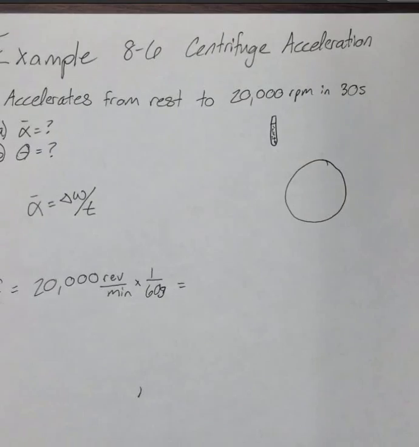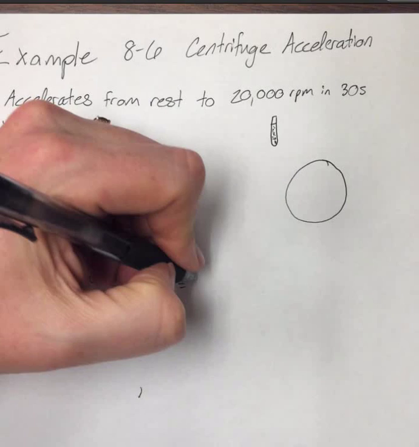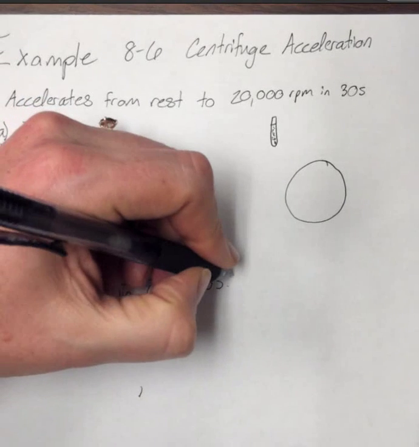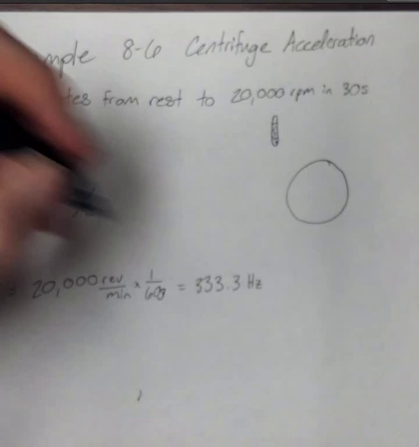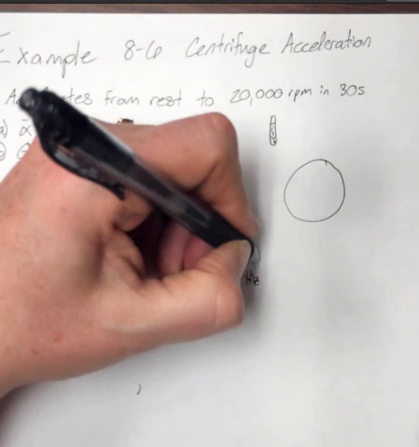I've misplaced my calculator, sad day, so we're just going to take our 20,000 and divide it by 60, and then we get 333.3 hertz, or 333 revolutions per second.